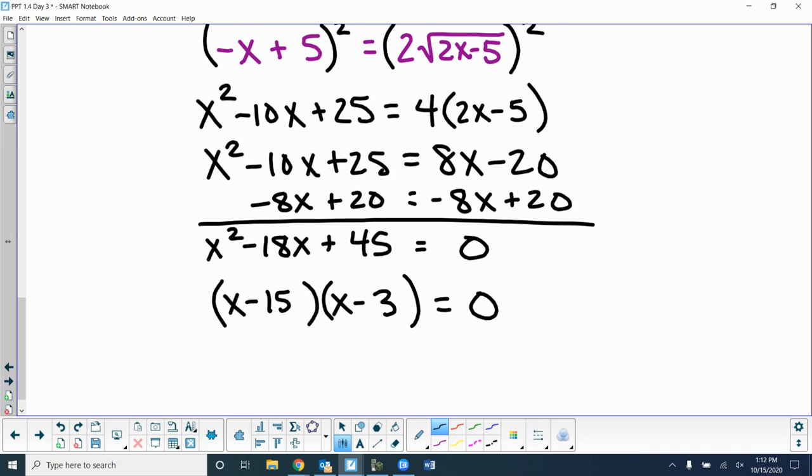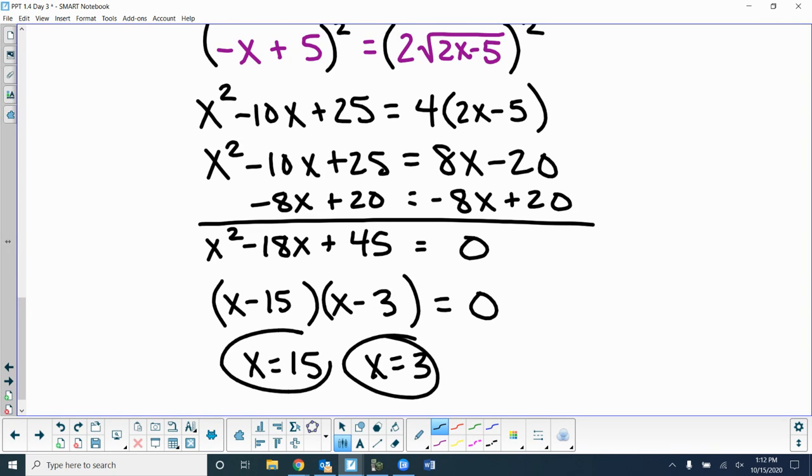And negative 15 plus negative 3 is negative 18. So what are my 2 answers? 15 and 3. And I'm all done, right? No, we always got to check, right?